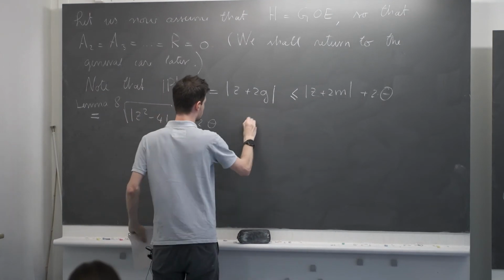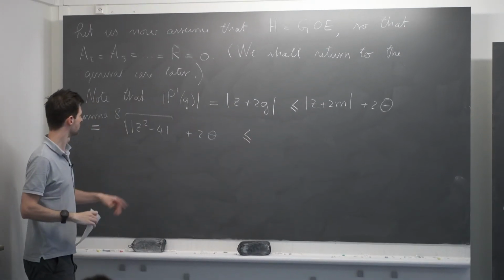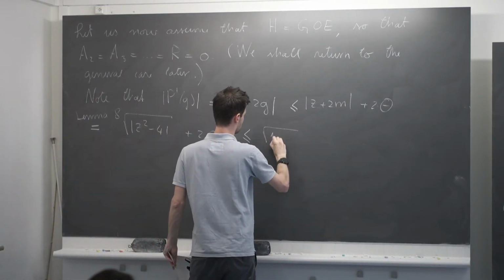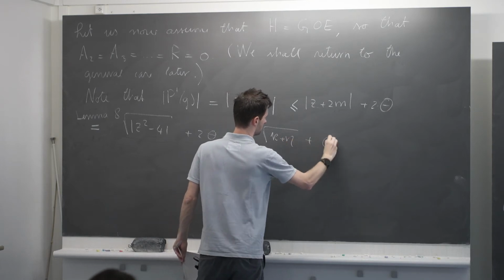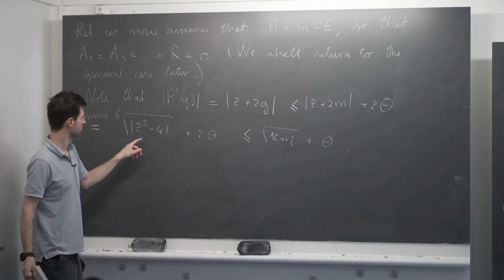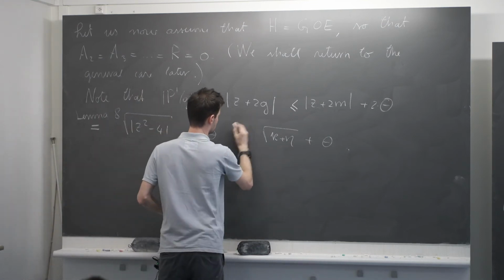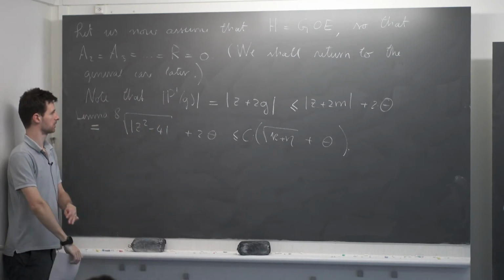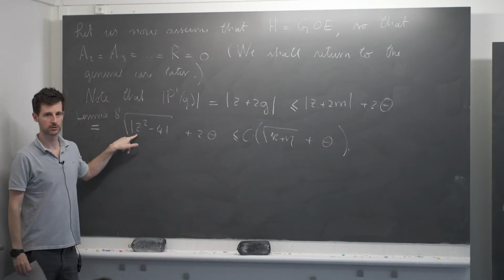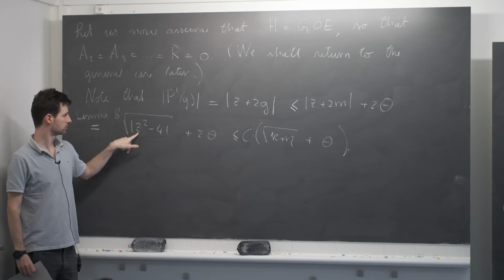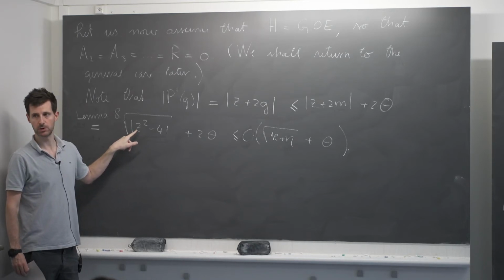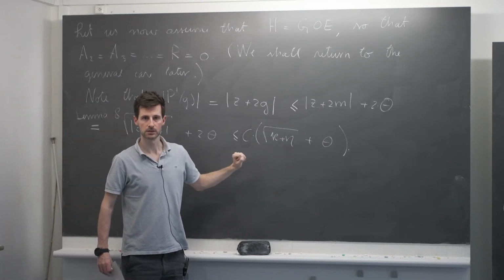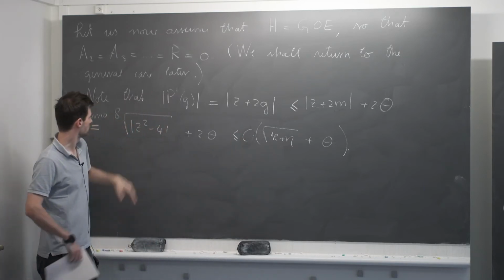And this is asymptotically the same as kappa plus eta. This is just the square root of the distance of z to one of the roots, 2 or minus 2. And that is exactly this thing here. Is this clear?